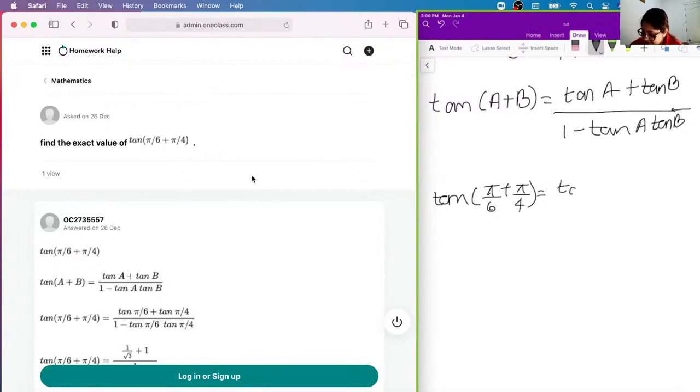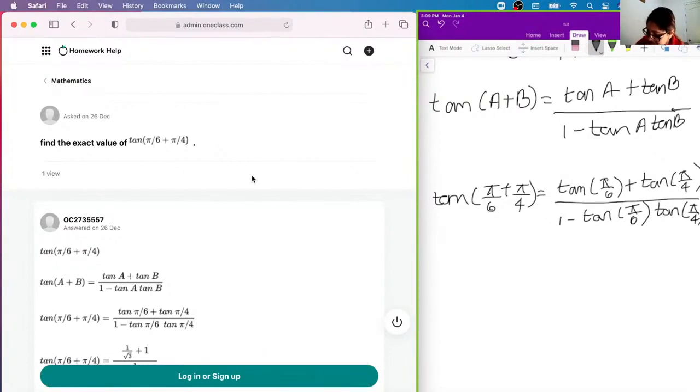We have tan pi over 6 plus tan pi over 4, all over 1 minus tan pi over 6 and tan pi over 4.